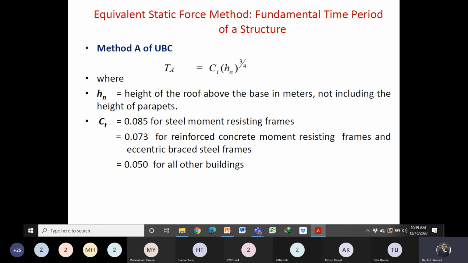We take the power 3/4 and then multiply with some coefficient. The coefficient depends on the type of the structure. If it is a steel moment resisting frame, the coefficient is 0.085. If it is a reinforced concrete moment resisting frame, the coefficient is 0.073. And for other types of buildings, there is a different value of the coefficient. So simply you need the total height, and by using this empirical formula, you can approximate the time period.